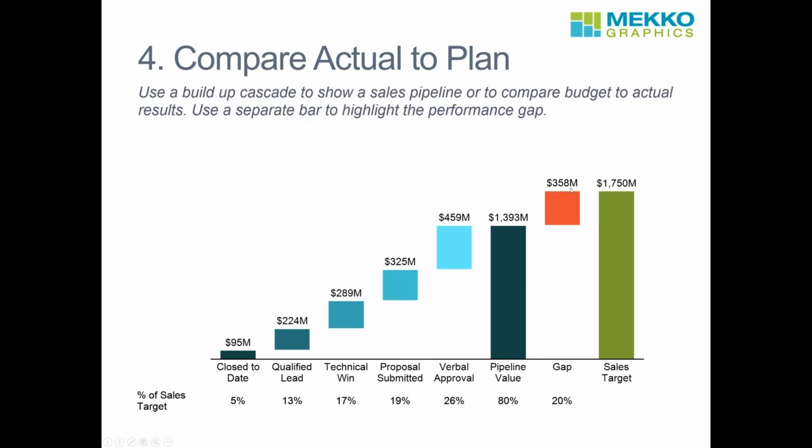So this is a really nice motivating chart for a sales team to show them what they need to close from the different stages of the pipeline, and what they need to add to the pipeline to reach their sales target. And again, I added a percent of sales target as a data row to the bottom of the chart. I really wouldn't advise an axis break in this chart.